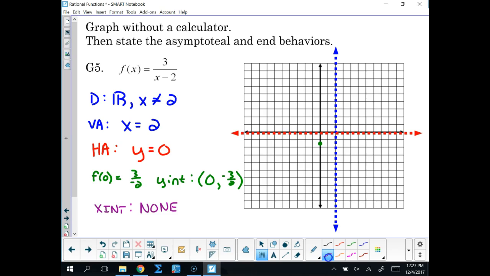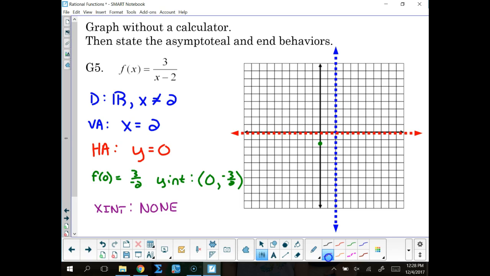X-intercept, none. Very nice. But I thought you said like some points that you can cross the x. This one we do not cross because the numerator cannot be 0. Okay. You know what I mean? Yeah, I feel that.